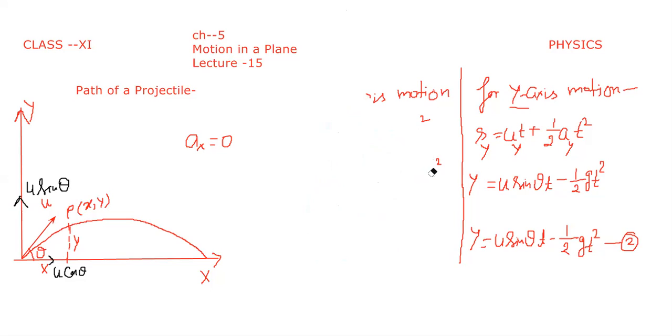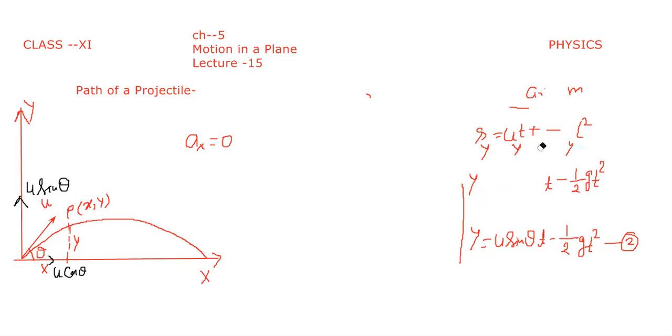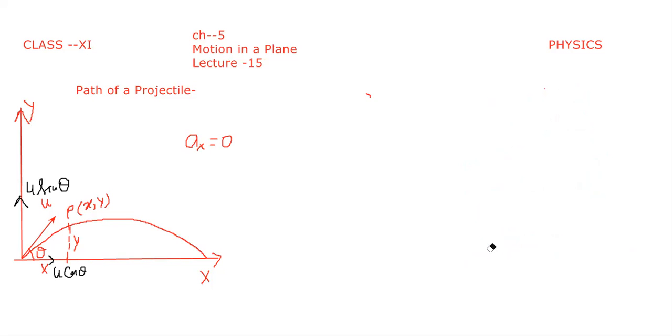If we put the value of t from equation 1 into equation 2, all of you write: putting the value of small t in equation 2.